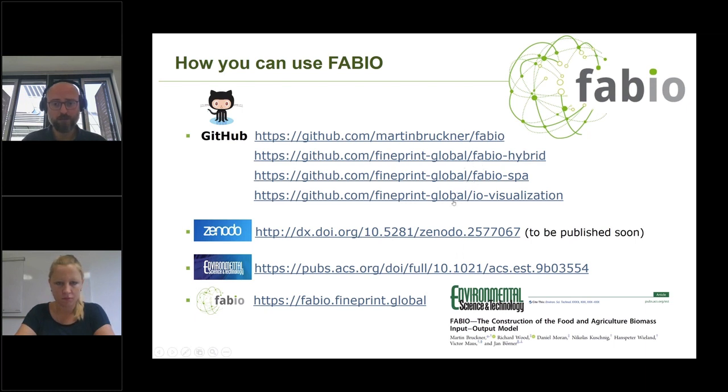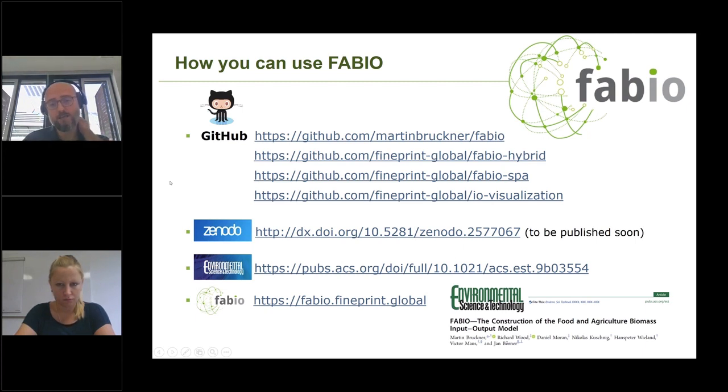I've provided some links here where you can find all the R codes that we used to build FABIO, to build the hybrid FABIO EXIOBASE model, and then there is also a repository called FABIO PA, which gives the codes for the structural path analysis that we did to analyze international supply chains of agricultural commodities. And then we have another repository with IO visualizations, which I will also show you later.